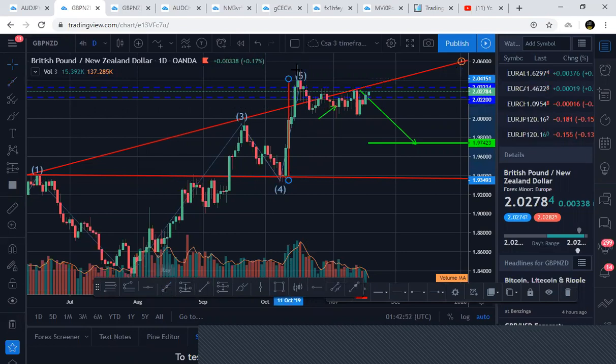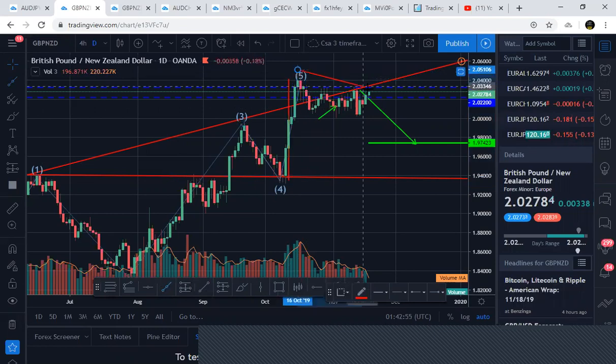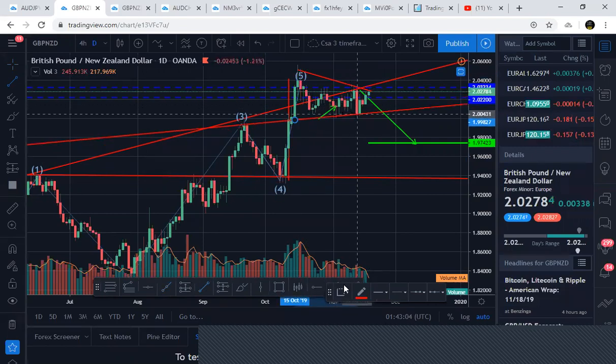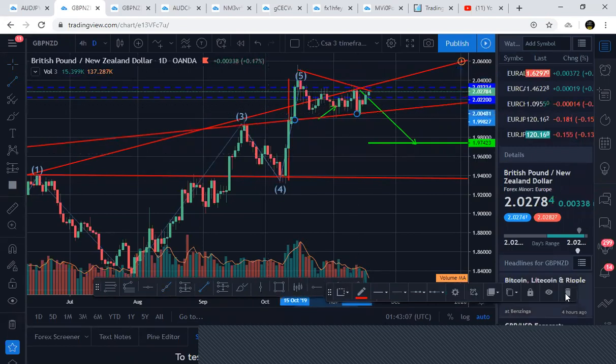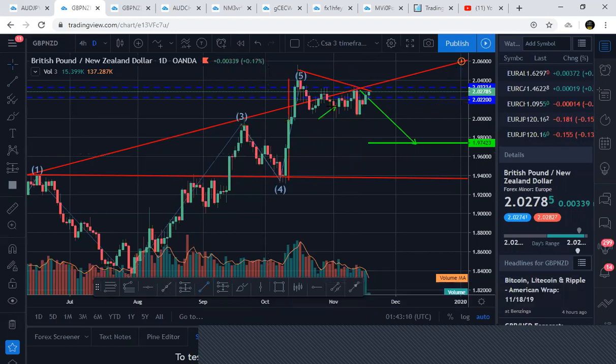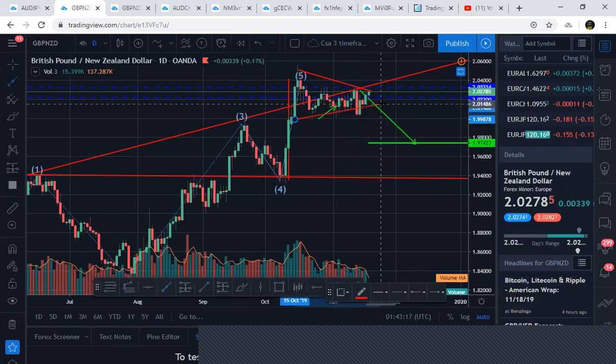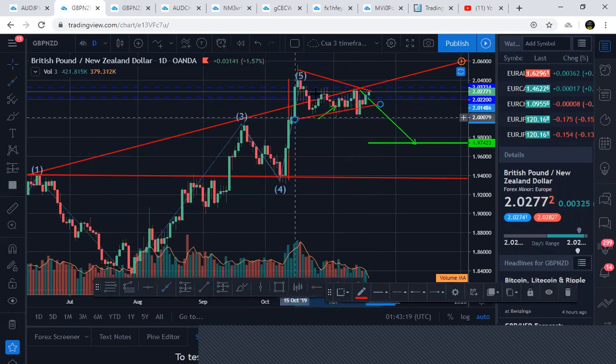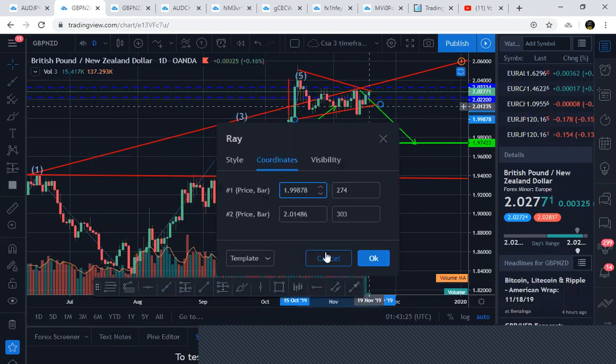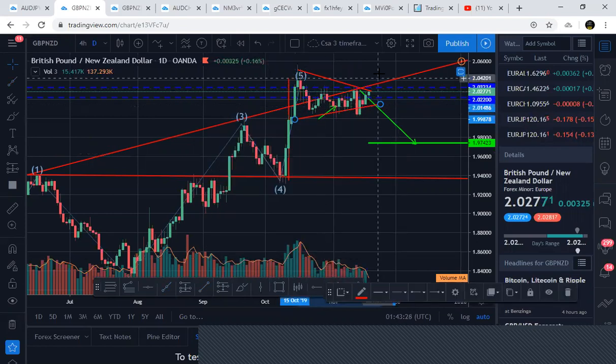Let's see if I can draw this out. I don't know if you guys can see it, but it actually looks like a little flag, and that's typically a signal for a bullish sentiment.